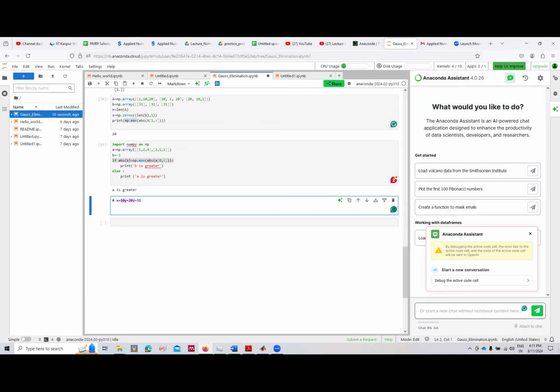The second equation is 10x plus y plus 20z equal to 31. And the third equation is 20x plus 10y plus z equal to 31. These equations we wish to solve.